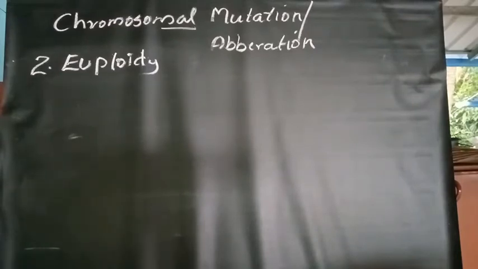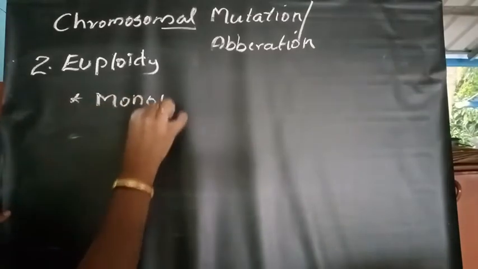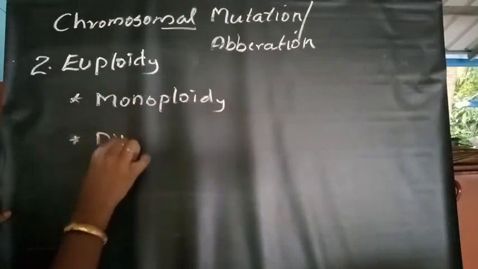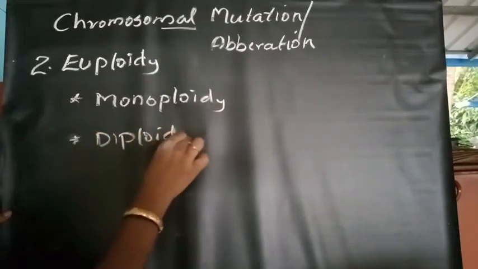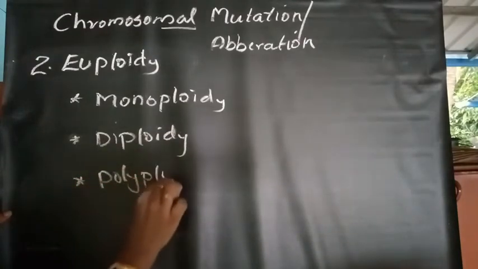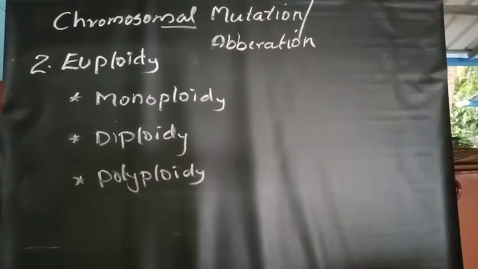Euploidy is of different types: monoploidy, diploidy, and polyploidy.